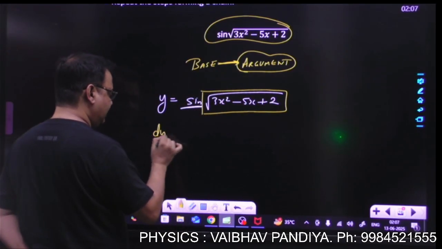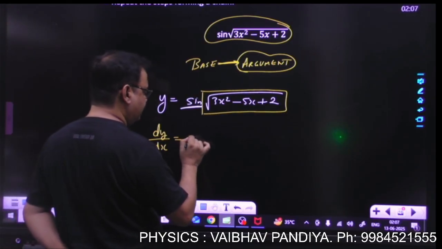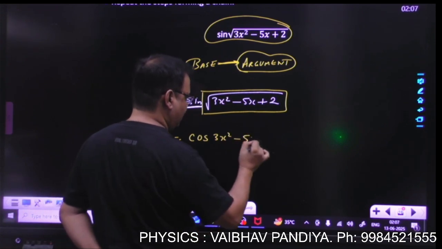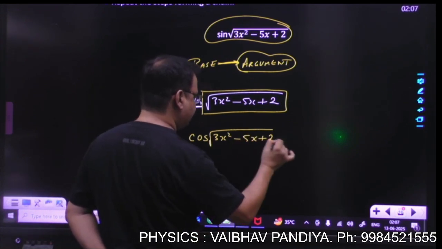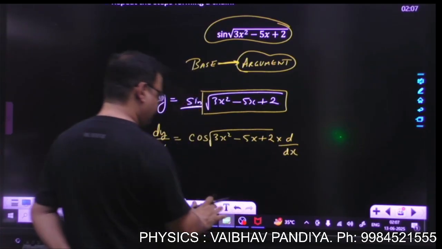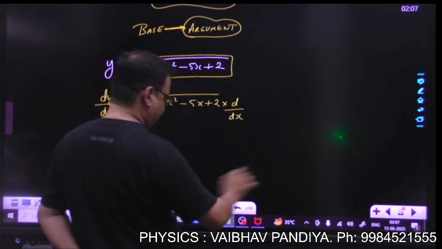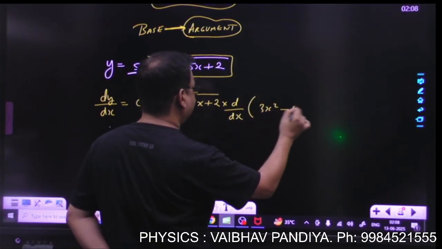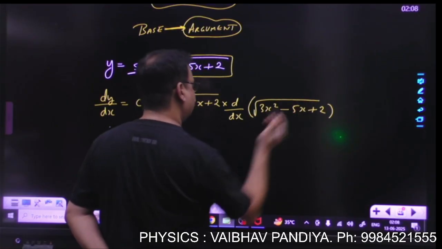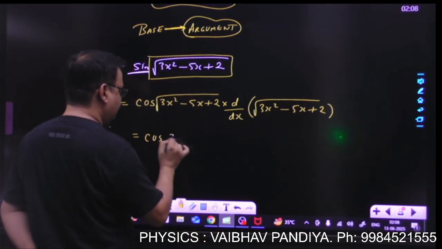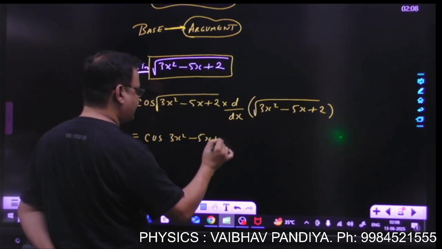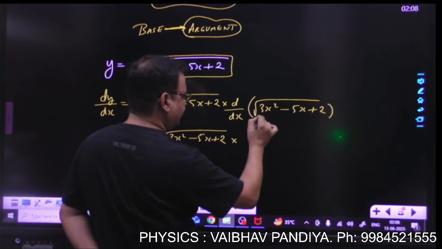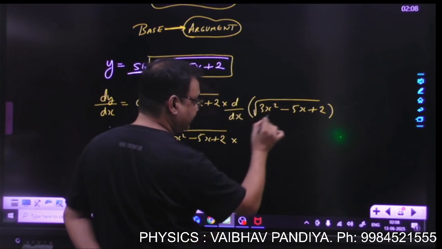If I am writing in some steps, so I'll write cos, copy the argument, root of 3x square minus 5x plus 2, multiplied by the derivative of the argument. See here I'm writing some steps, like d by dx of root of 3x square minus 5x plus 2. So you'll get cos of root of 3x square minus 5x plus 2 multiplied by, now we have to differentiate this thing. Here also we need to apply the chain rule as we have seen earlier.